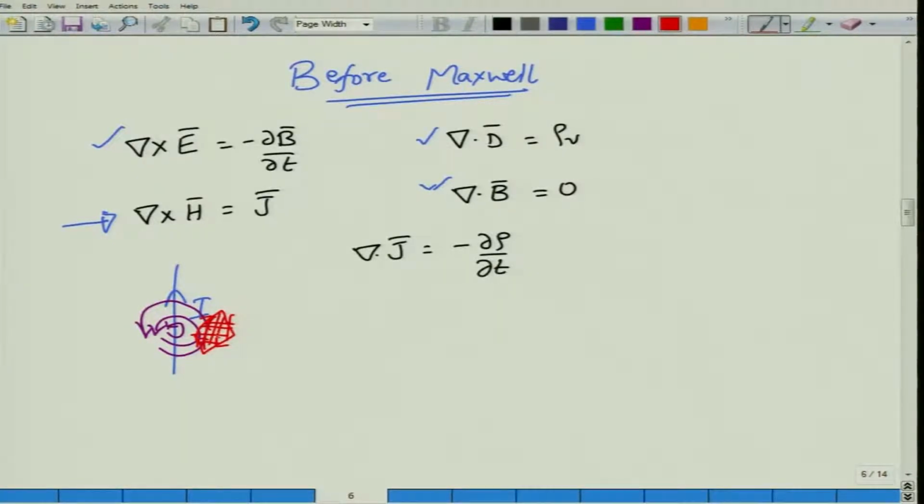In this particular problem, this path which I have taken, shown in the red curve, does not enclose any current because the current is directed along this blue line, and therefore the magnetomotive force for this case will be equal to 0.